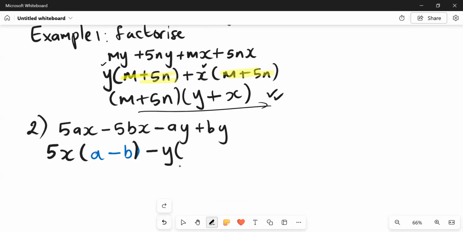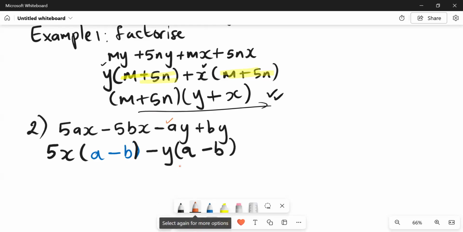So you will end up having your positive a minus b. Because if you can go back, we had negative a and positive b. But now, because of the -1 there taken out, this a will be positive and then this b will be negative. I hope it makes sense. But there's a lesson which explains everything.